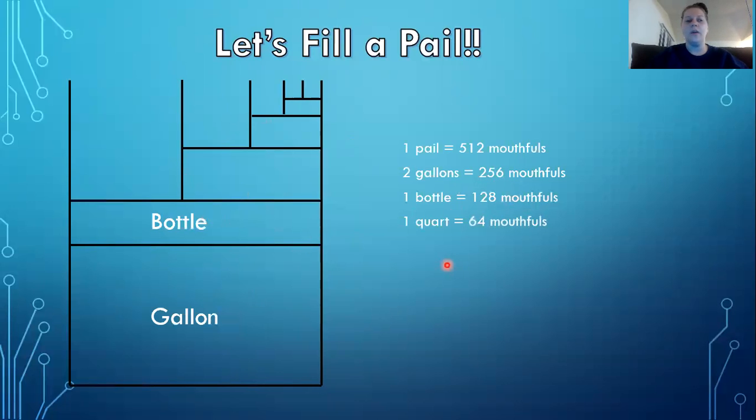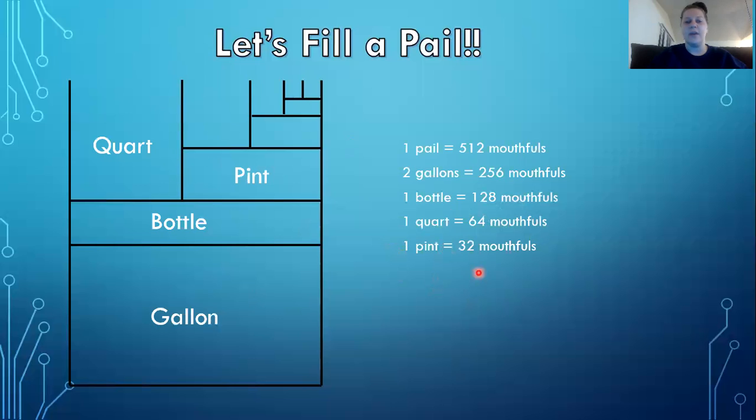And now 1 quart is half of a bottle, which is 64 mouthfuls. So over here, we will fill up a quart. Now 1 pint is half of a quart. So we take half of this other quart and split it in half. And that is where our pint goes.